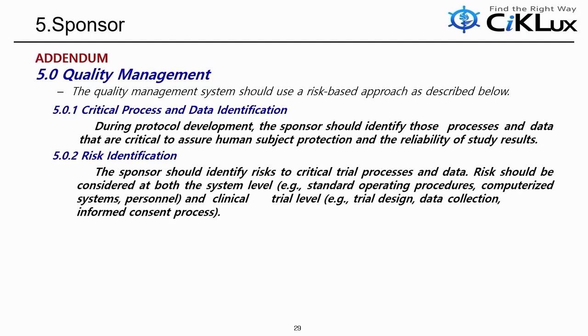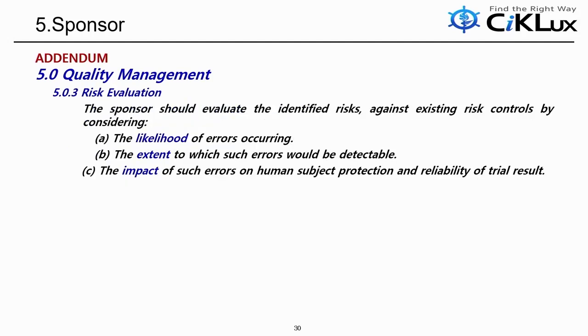However, there is also the system level, like SOPs, the validation of computer systems like the EMR, and also the personnel. For example, this site has a lot of potential subjects, but the investigator does not know much about the clinical trial itself. So these different things at the system level, and also the things we have considered at the clinical trial level, these two levels need to be considered to identify risk.